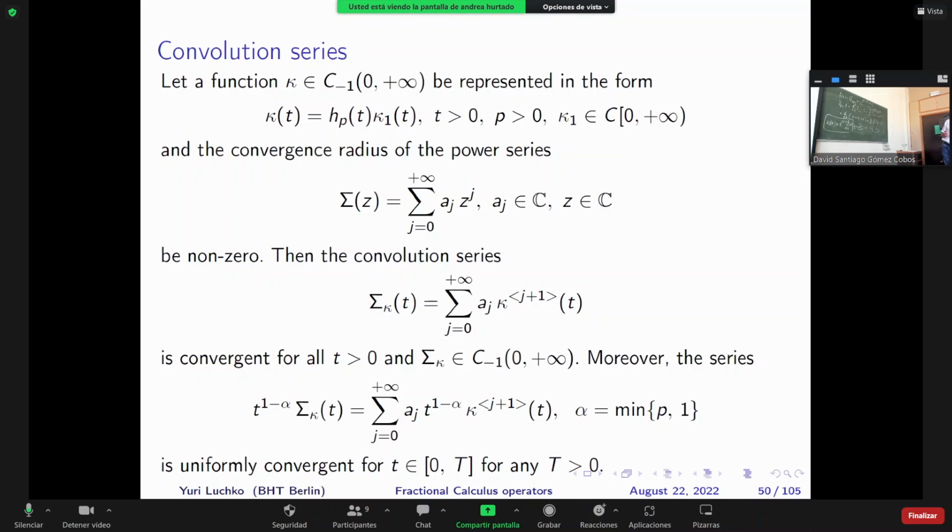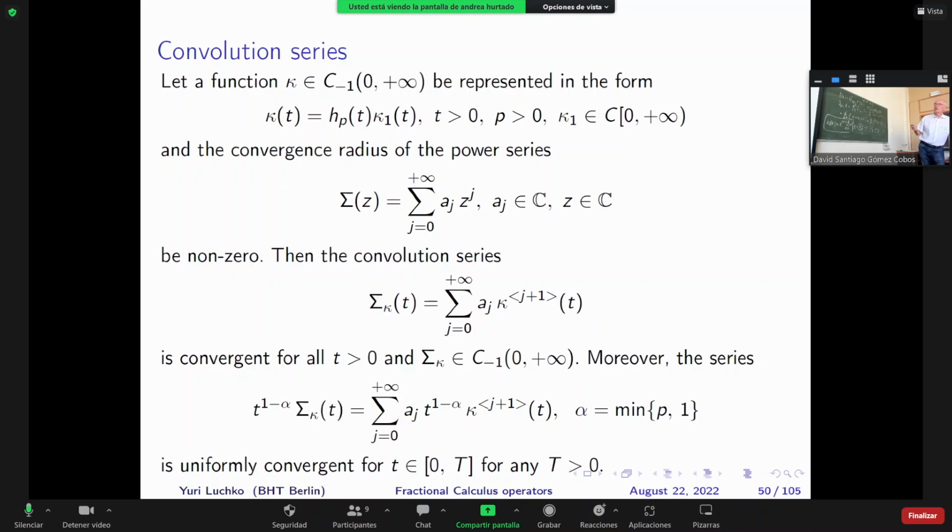So we can take the kernels not from L1, so we can neglect the Sonin condition. We just take any function from C1 that is represented in the form of a power law function multiplied by a continuous function.